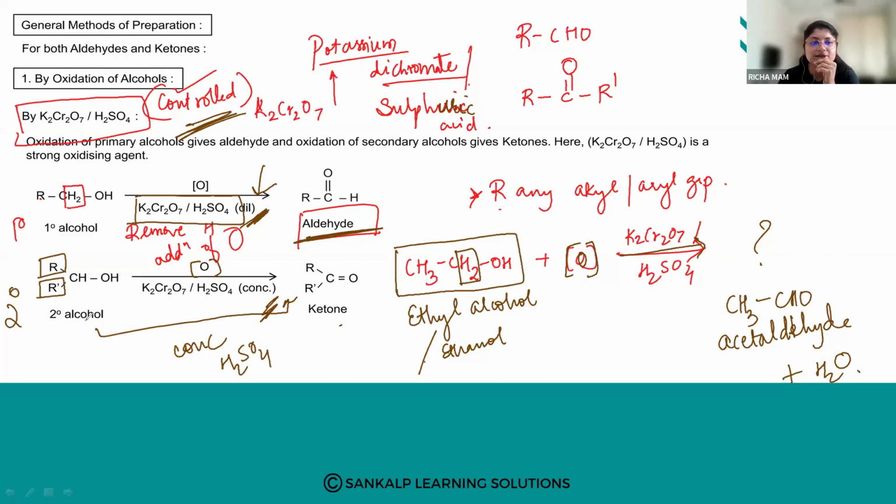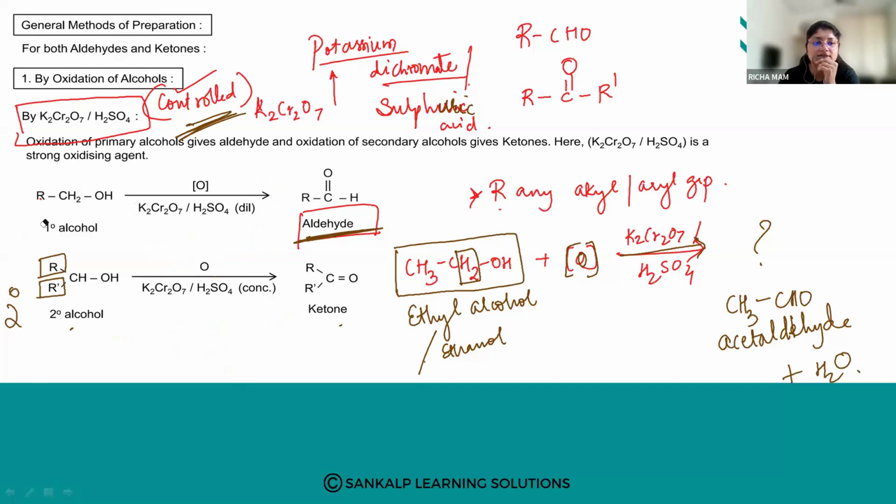So if you treat a secondary alcohol with this H2SO4 and K2Cr2O7, what am I going to get? I'm going to get a ketone, as both these hydrogens are removed. Let us see an example.